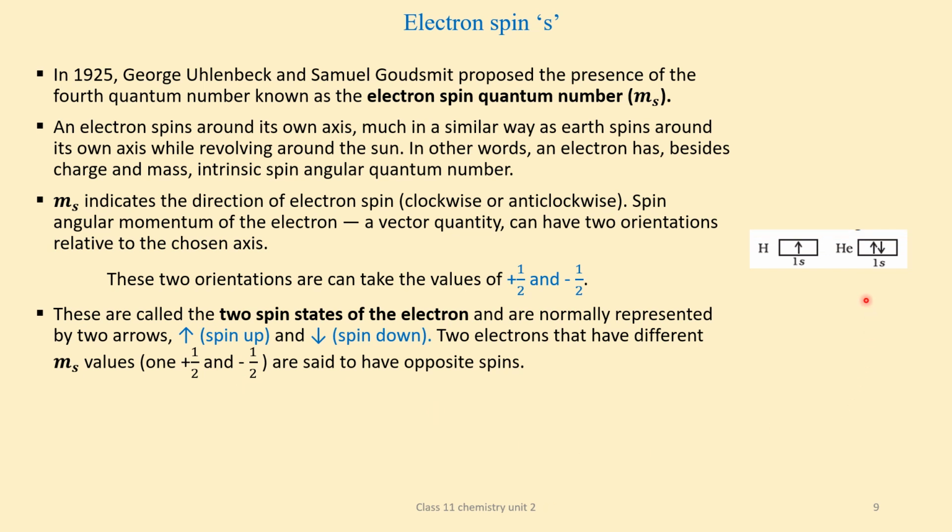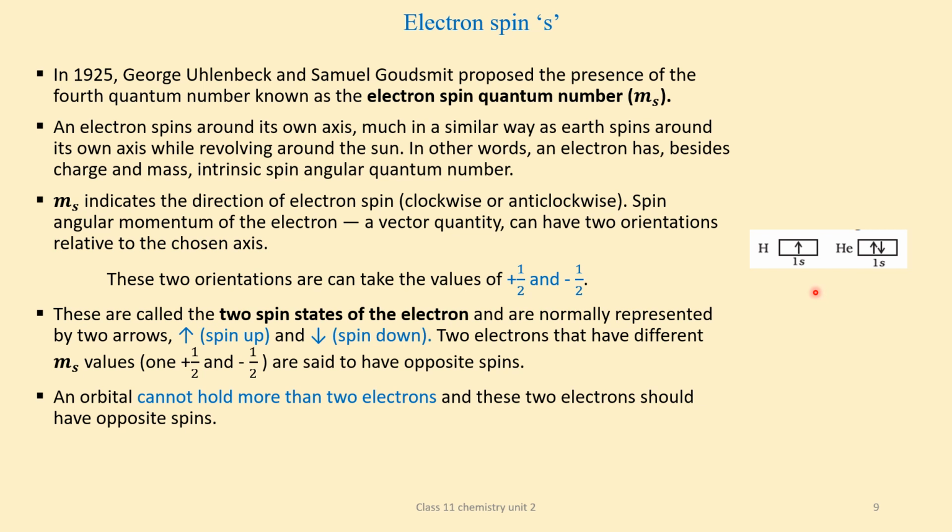Please see the figure. This representation has been indicated, for the hydrogen atom, one electron spin up, and for helium, two electrons, one up and one down. An orbital cannot hold more than two electrons, and these two electrons should have opposite spins as shown in the figure. Spin angular momentum equals square root of s into s plus 1, into h by 2 pi.